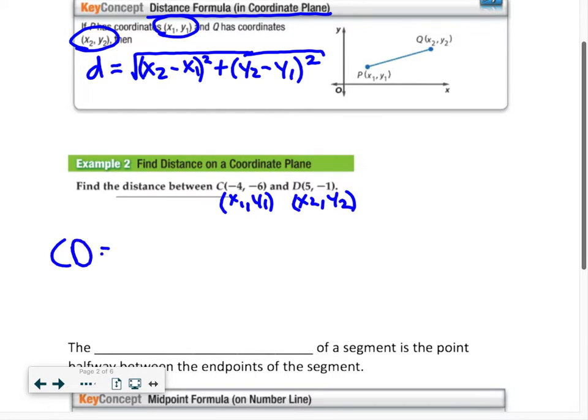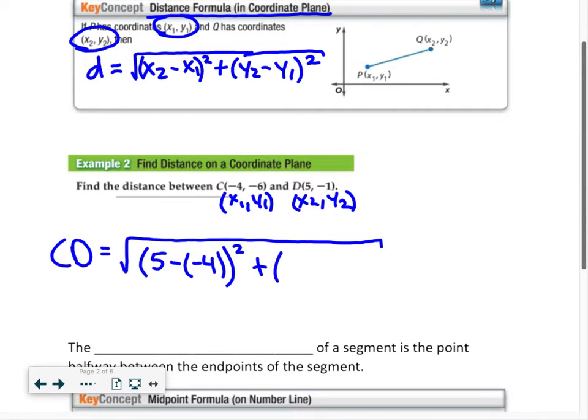So CD is, we're just using the formula. x2, 5 minus x1, -4, squared plus y2, -1 minus y1, -6, squared. So simplifying this becomes 5 plus 4, 9.